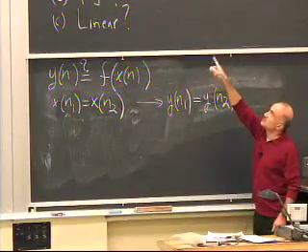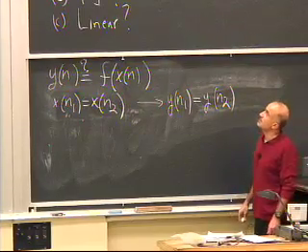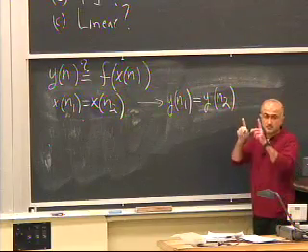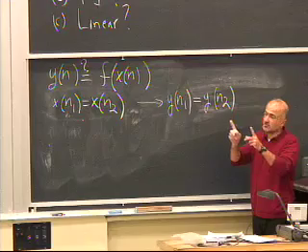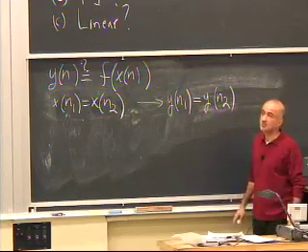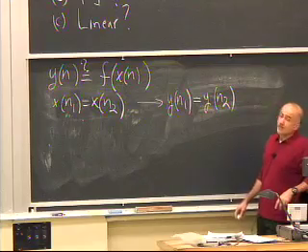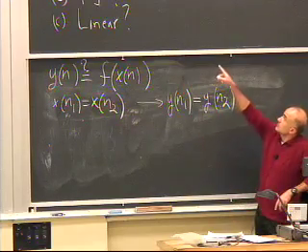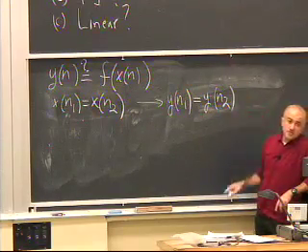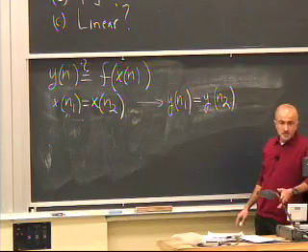In other words, if this is not true, then this cannot be true. Can you find n1 and n2 such that x of n1 is equal to x of n2? Looking at that signal up there, what's the value other than at the spike? Everything else is 0.